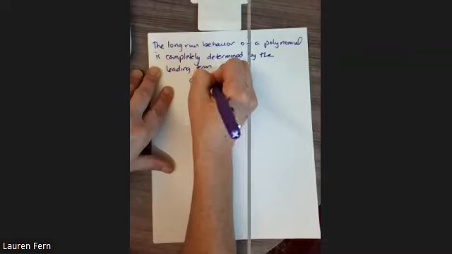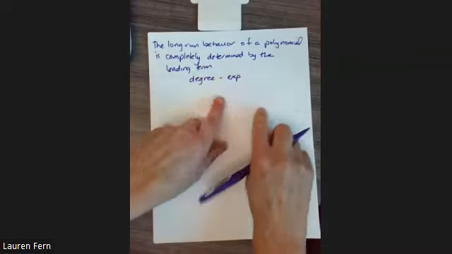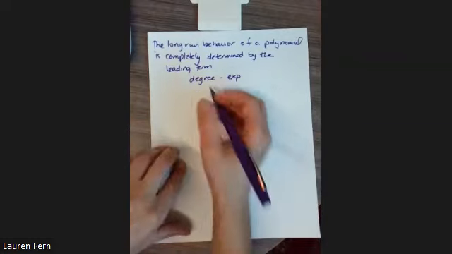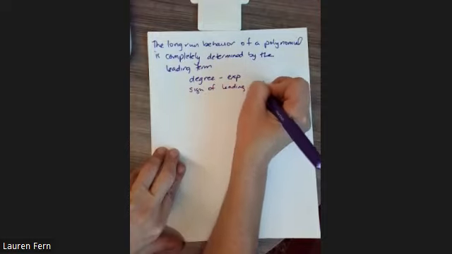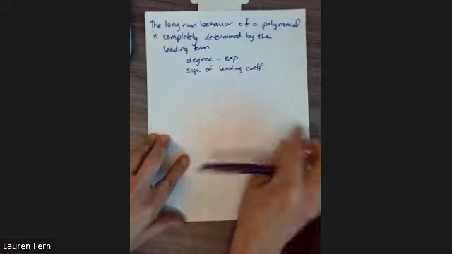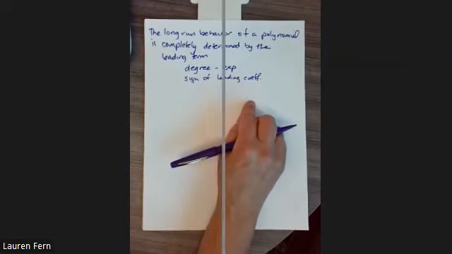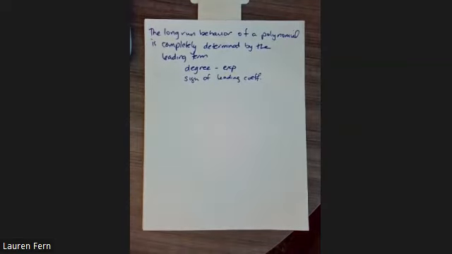The degree tells us what our exponent is, and therefore if we're going to be going up or down, as well as the sign of our leading coefficient. Now, that tells us about the long run behavior. And that's a really good check mechanism that we're going to be coming back to. But what I want to say is a lot can happen in the short run. And so what we're going to do now is we're going to start looking at the short run behavior because that needs to be analyzed.